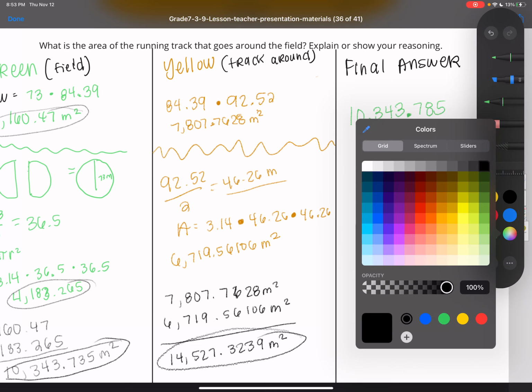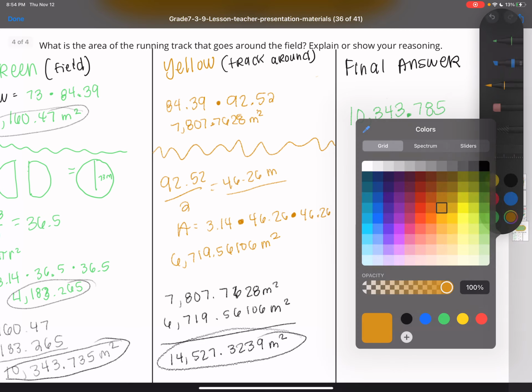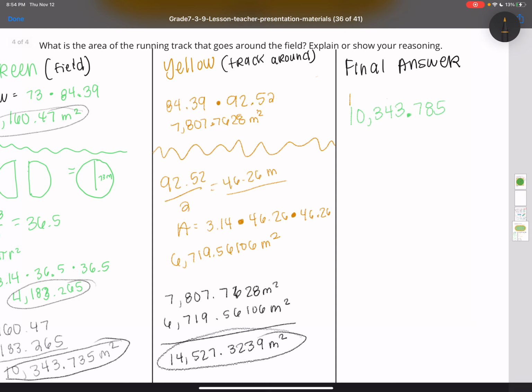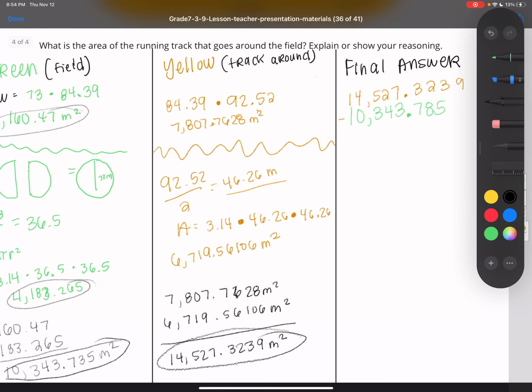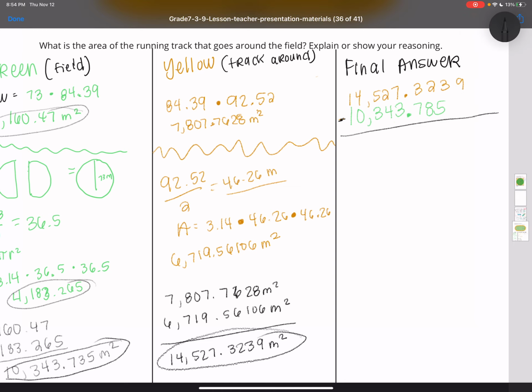Shame on me. I was just so anxious to write the value of the field, but we're going to subtract that, or take that away from 14,527 and 3,239 thousandths. And I'm going to actually subtract them too because I don't need the value of the field in my last and final answer.